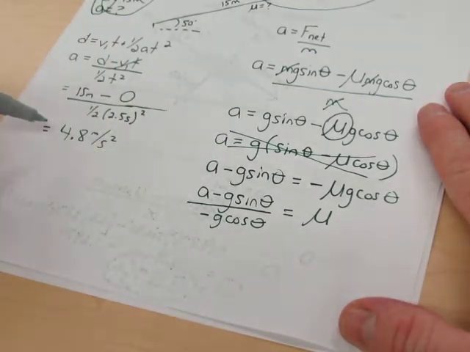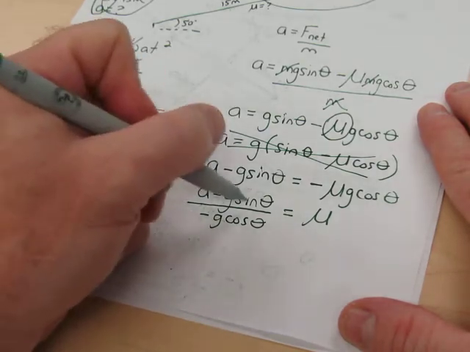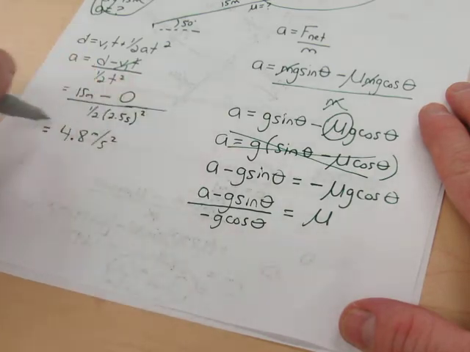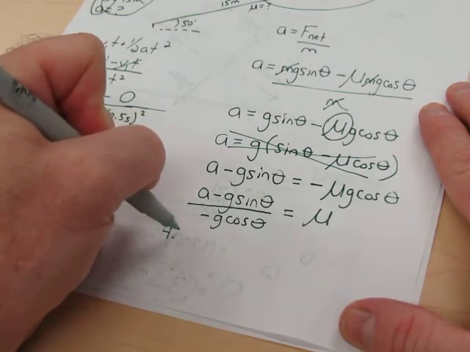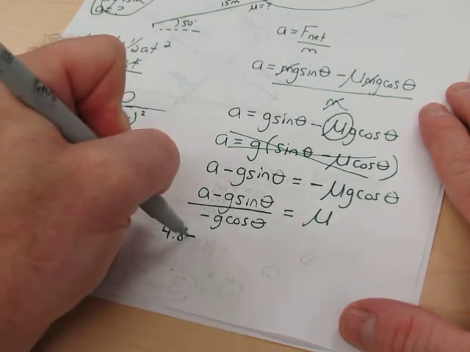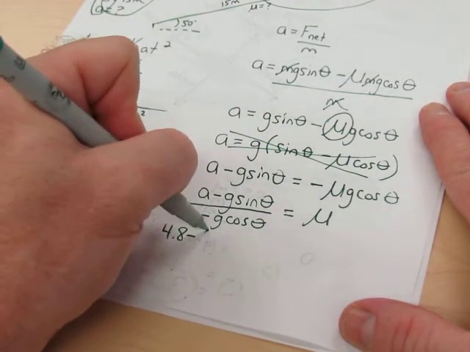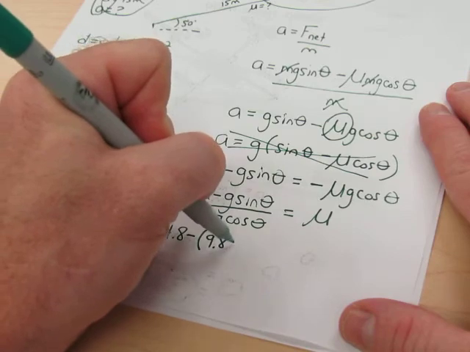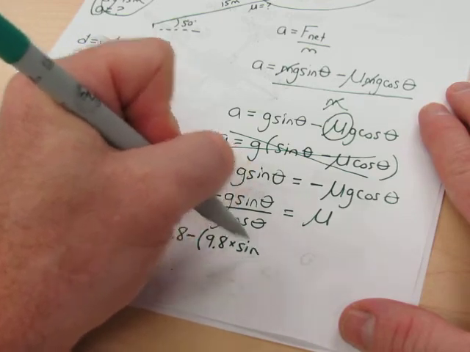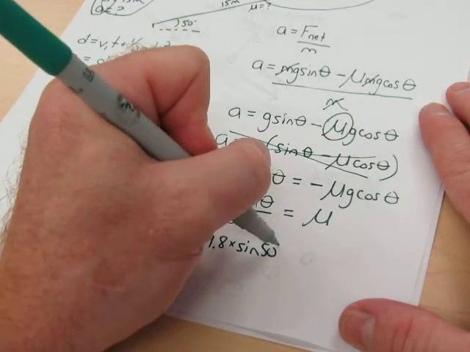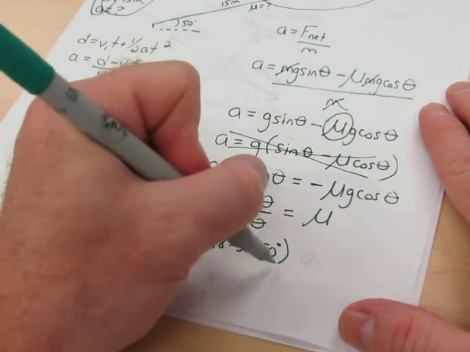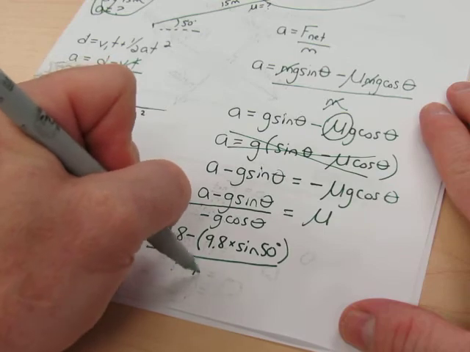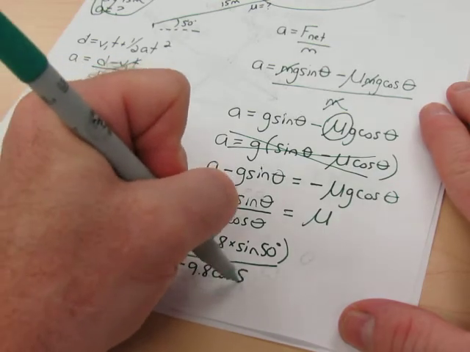I'm just going to sub in now. And for the sake of this video, I'm going to skip units because I'm running out of space here and I just want it to look a little bit cleaner. So acceleration, we figured it out as 4.8 minus, I'm going to put this in brackets because I want to make sure to multiply things together, 9.8 multiplied by the sine of 50 degrees, which was the angle in this question, divided by a negative 9.8 cos 50 degrees.